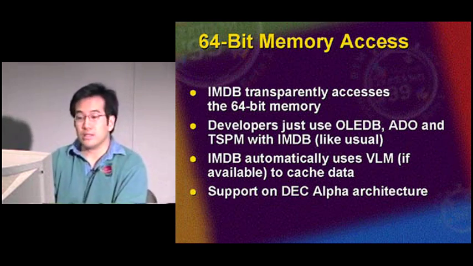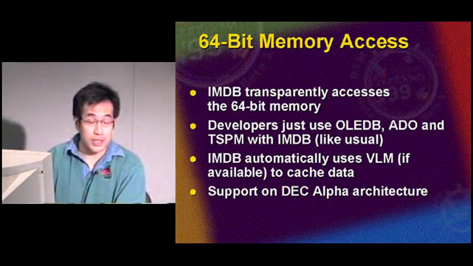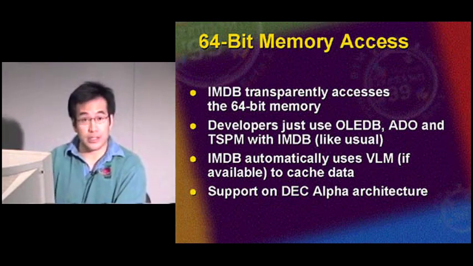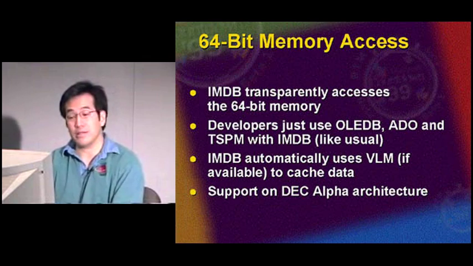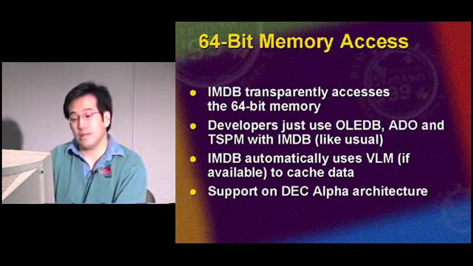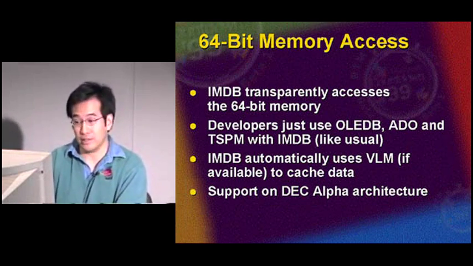64-bit memory provides the opportunity for applications to store a much greater amount of data into cache than was available to 32-bit applications. In order to take advantage of this architecture, IMDb transparently accesses 64-bit memory for 32-bit applications.